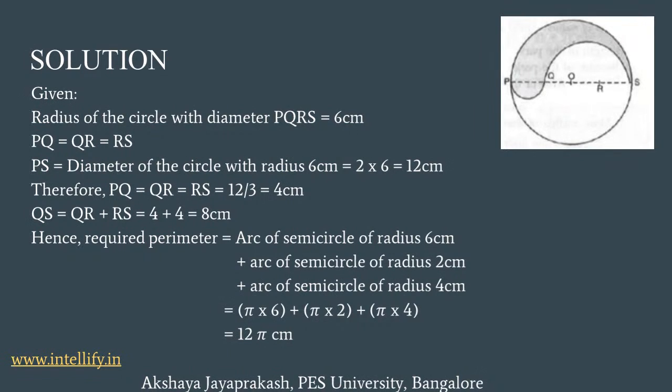So we know that the perimeter of a circle is given by 2 pi r, and the perimeter of just the curved part of a semicircle is given by pi r. So substituting the value of r in the formula, we get the perimeter as pi into 6 plus pi into 2 plus pi into 4. That's nothing but 12 pi.